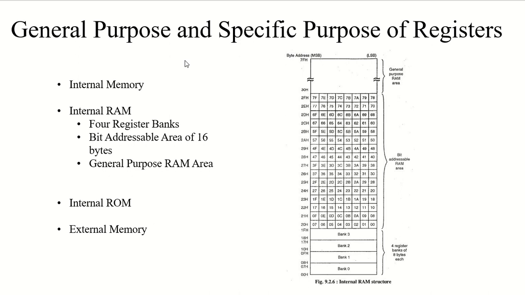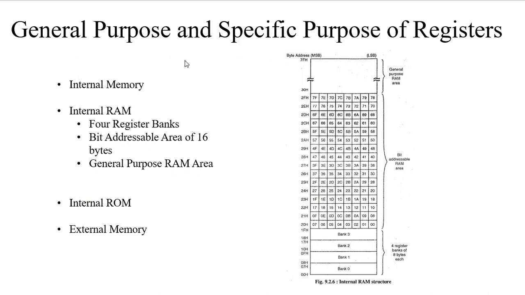So first we have the internal memory. For the proper operation of the computer system, the system should have memory for program code, right? And the memory for program code is normally in the form of ROM or RAM, read only memory and random access memory. So the data can be changed when the program is executed.